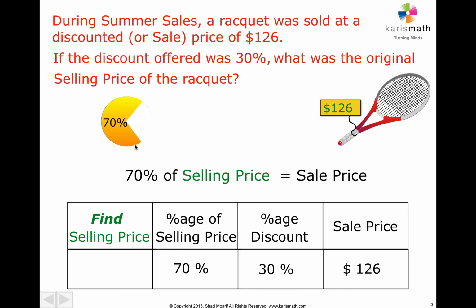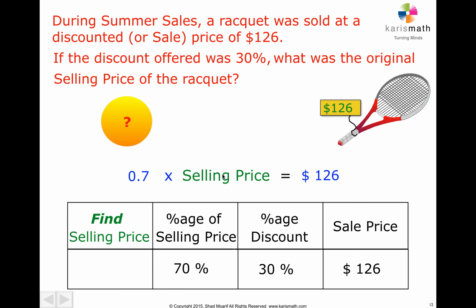The 70% of all of this should be the sale price, which is this bit here. So if we write down the sale price to be 126, and we know 70% of the selling price. Now we don't know what the selling price is, but we do know 70%, which is 0.7, times the selling price is this.